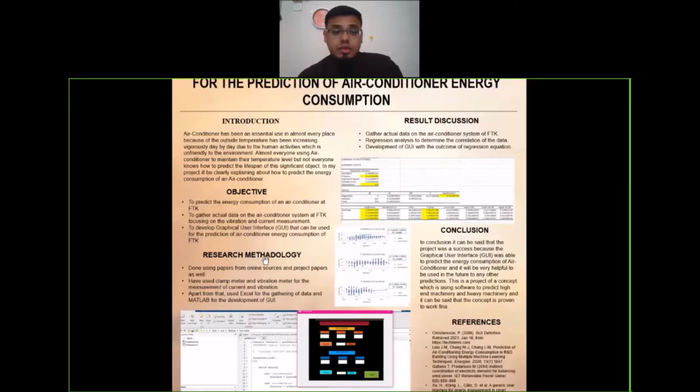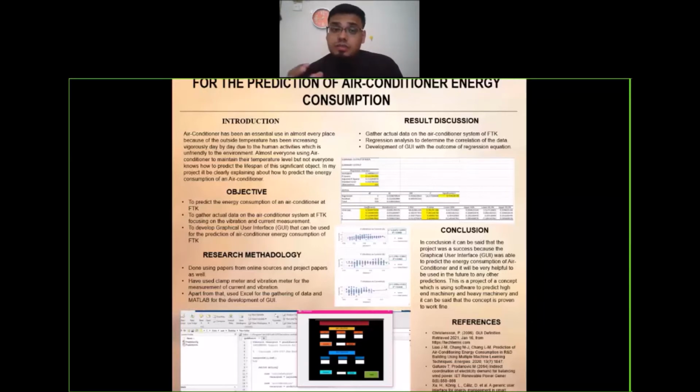If we look at the research methodology, I did research from journals, articles, YouTube, Google. Almost everywhere I was finding and learning about this prediction. I used a clamp meter and a vibration meter for the measurement of current and vibration.